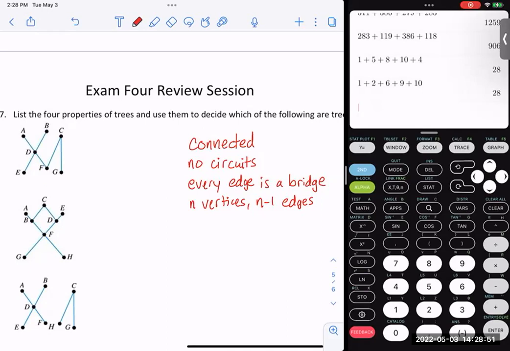What I would encourage you to do with that is just cross out or cover up each edge one at a time and see if that would disconnect your graph. On this one, if I got rid of that edge from A to D, then all of a sudden that makes point A separate from the rest of this graph, right? So it would disconnect A from my graph.